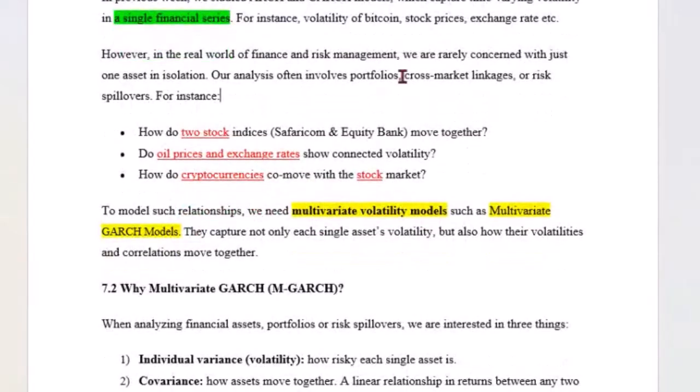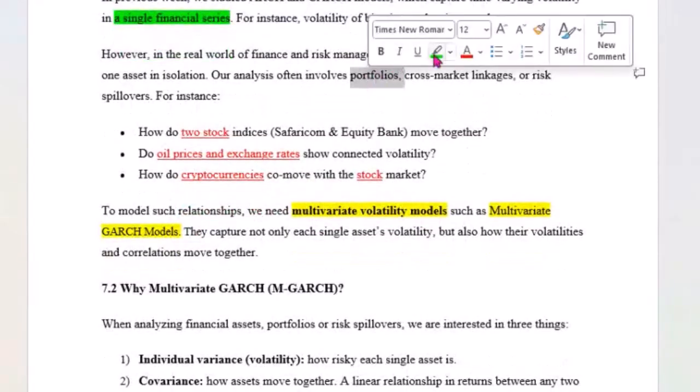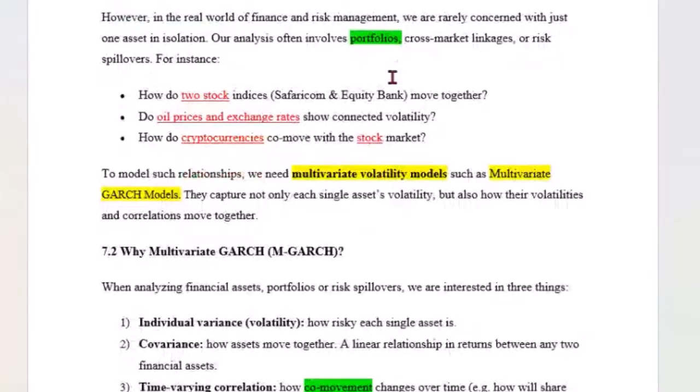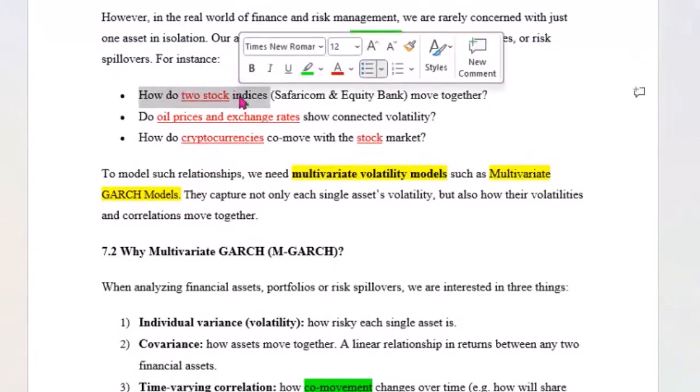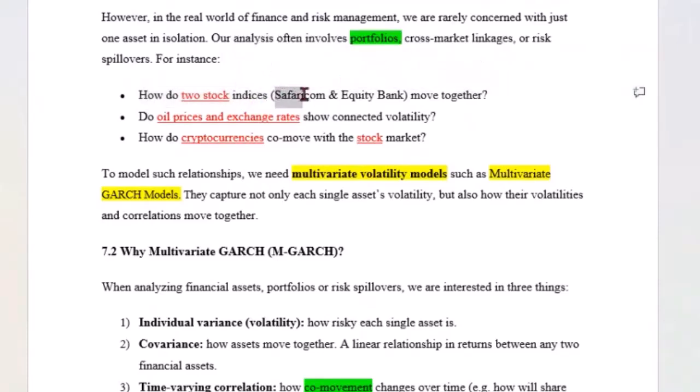So generally, in the market, you are looking at portfolios, a basket of assets, and we want to see how they behave. For instance, we want to see how two stock indices move together. For instance, how does the stock of Safaricom and Equity behave at the same time?